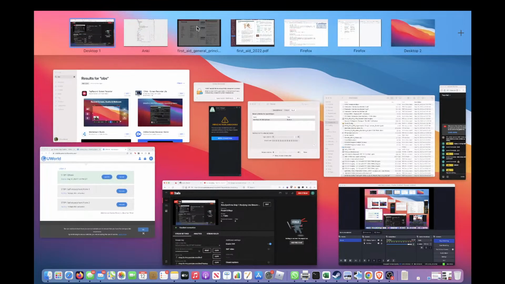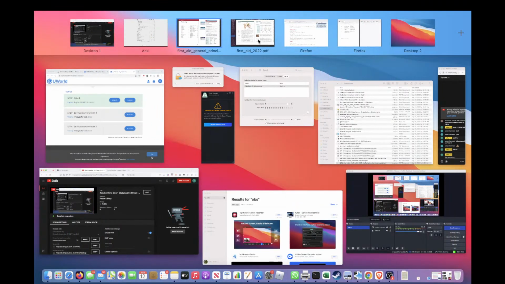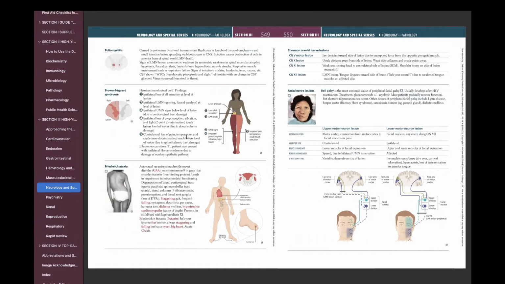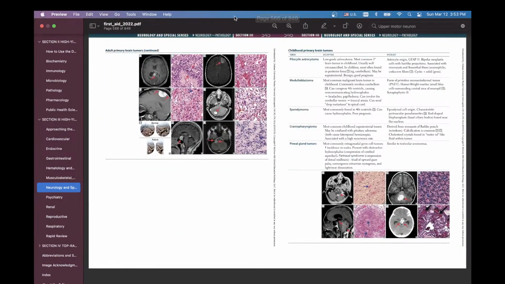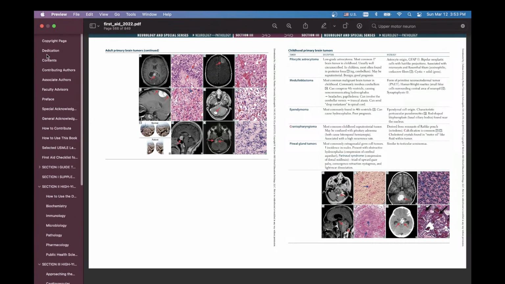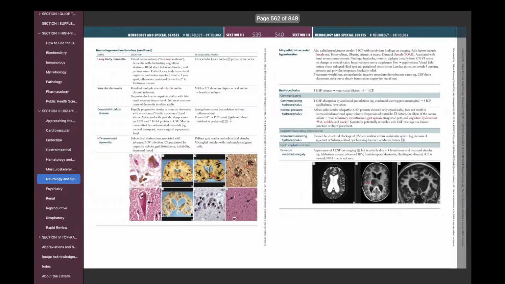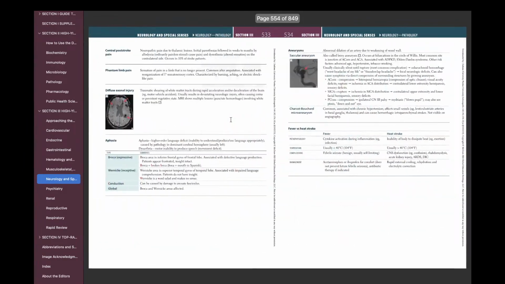So let's talk about not microbiome right now. Let's do self-testing and review with the neurology section of First Aid. This is like their checklist thing, like First Aid for the USMLE. Step 1.